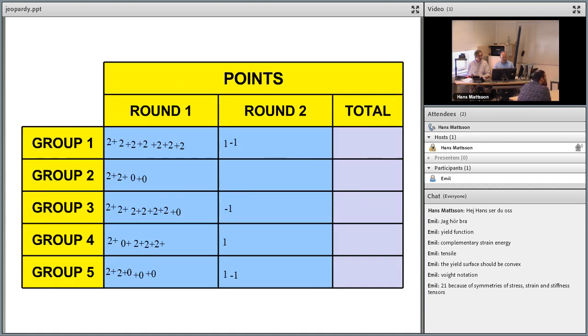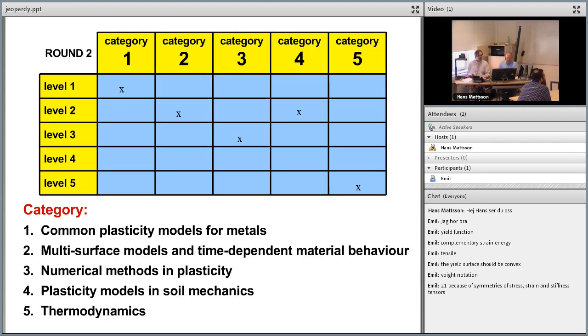Group 1 has screamed and needs to give an answer here. Correct. Very good. +1 for group number 1. They choose a question.